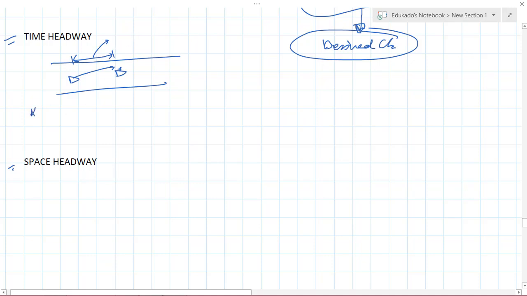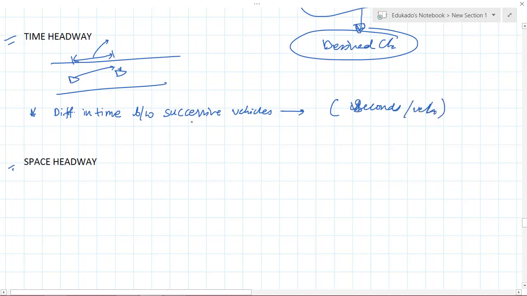In theory, you will write it as the difference in time between successive vehicles. Its unit is seconds per vehicle.